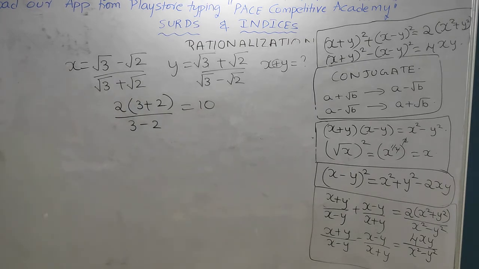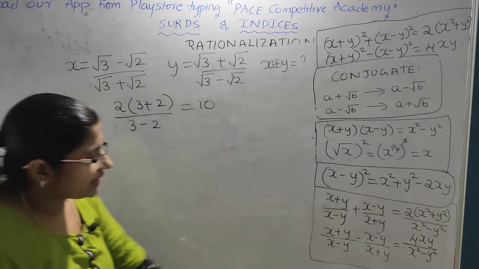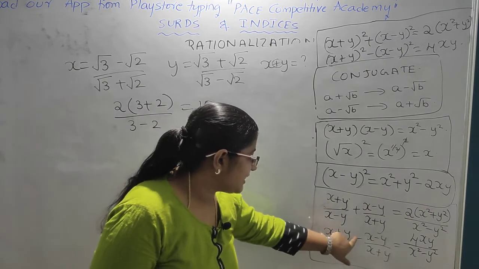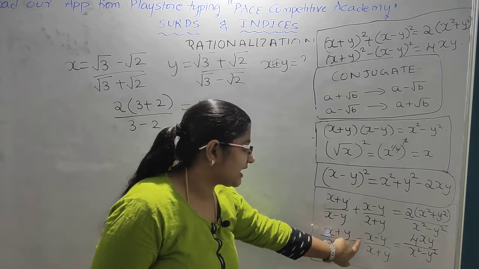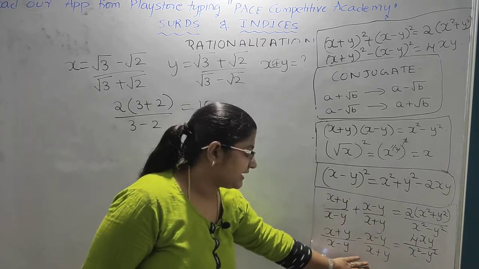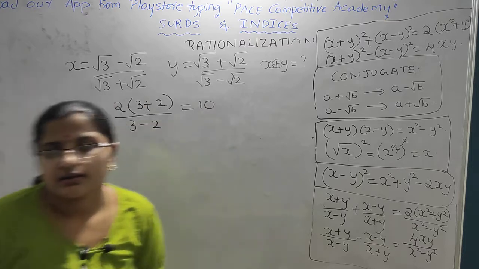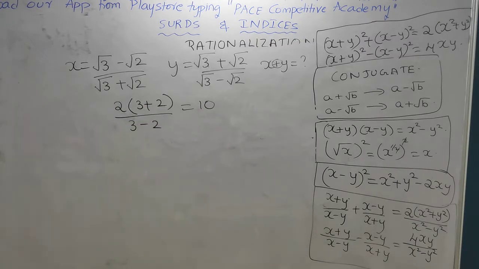Simple, right? If x minus y is asked, then you apply 4ab divided by a square minus b square, of the form (x plus y) divided by (x minus y) minus (x minus y) divided by (x plus y). Then you get 4xy divided by x square minus y square. By remembering those two shortcuts, you can simplify this sum without using rationalization.